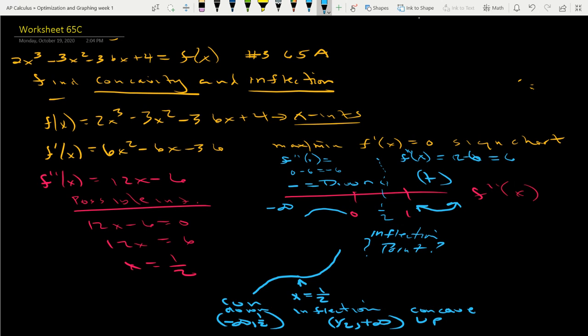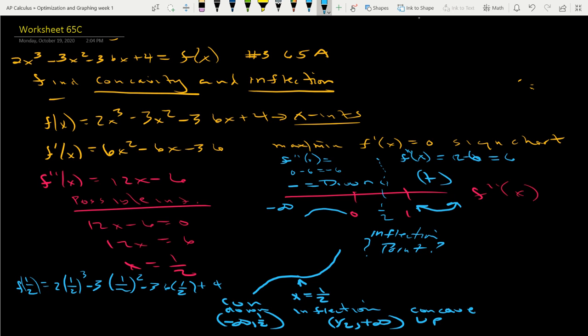And then my inflection point is all the way back at the original. So it kind of gets a little ugly. My inflection point is going to be f of 1/2, which is going to be 2 times 1/2 cubed minus 3 times 1/2 squared minus 36 times 1/2 plus 4. If I figure this out, that will give me the y value that goes with my inflection point.